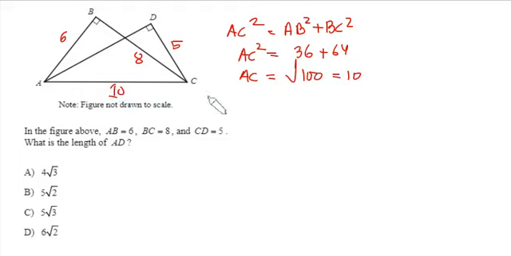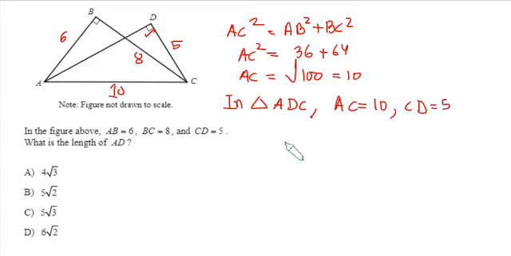Now we have to consider another triangle, which is again a right triangle, and it is showing 90 degrees. So another triangle ADC. In triangle ADC, we have AC equal to 10 and CD equal to 5.